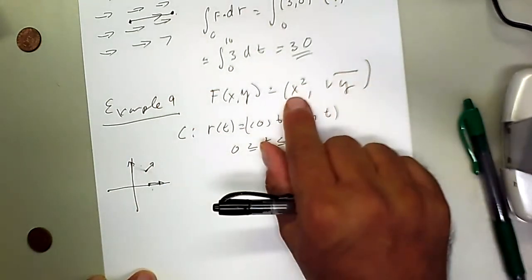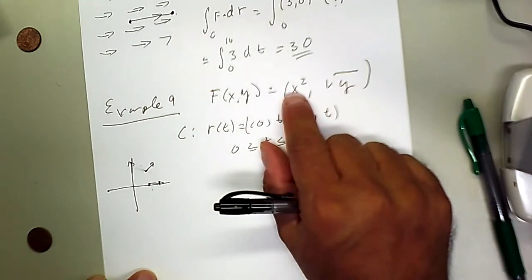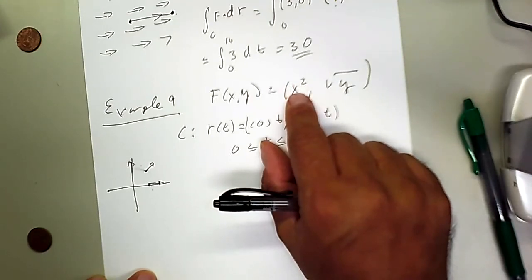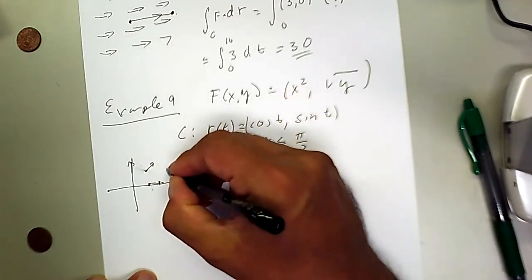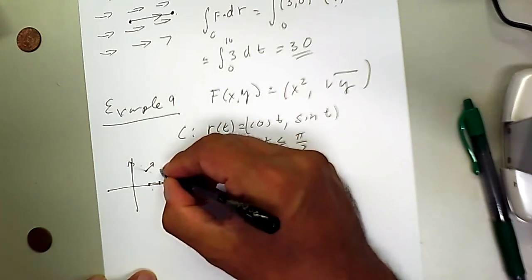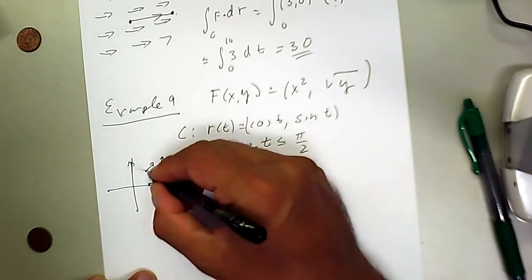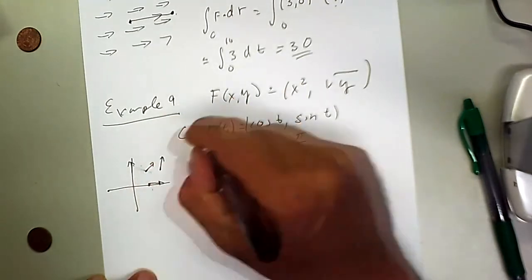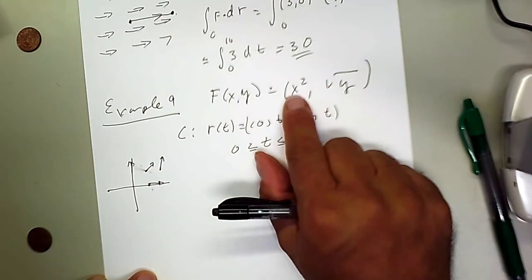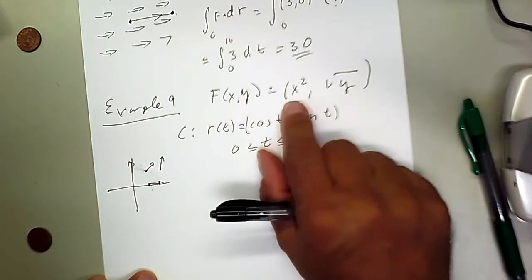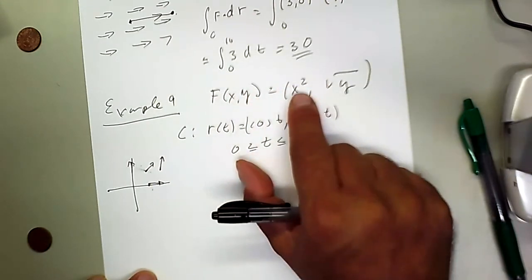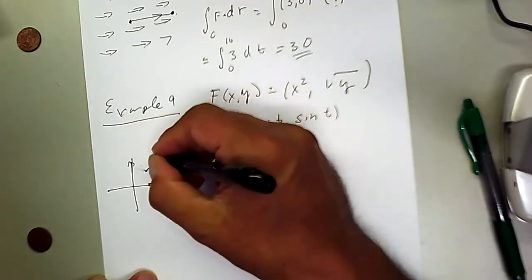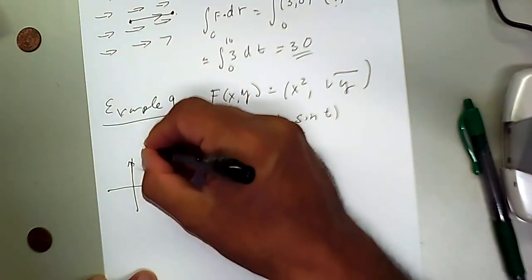So for instance, if x is 2 and y is 1, we end up with 4, 1. So here we're going to be at 4, 1, which is a very steep slope. But if we are at 1, 2, then we're going to end up with 1, square root of 2, which is not as steep as that, but it's still going to be going up.